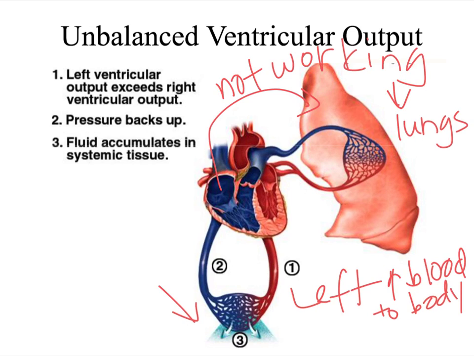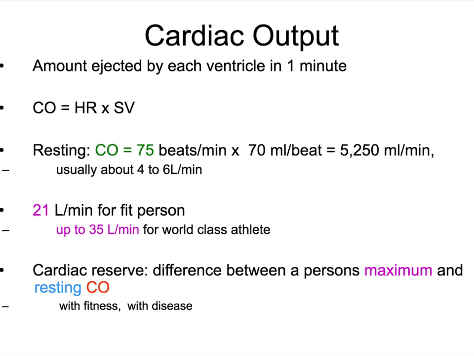So you're out of balance. What happens is you end up with edema in the extremities. Fluid accumulates in your legs, in your fingers. That's not good either. It can accumulate around your organs too, so internally.